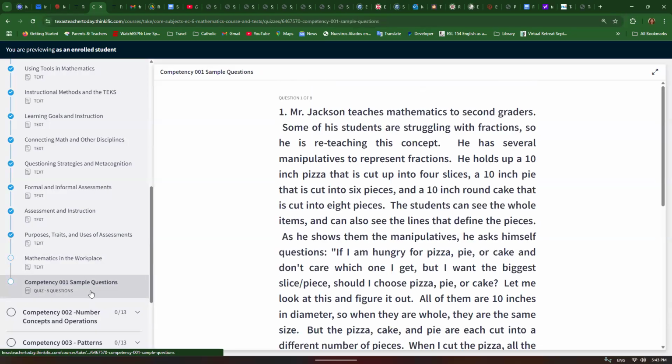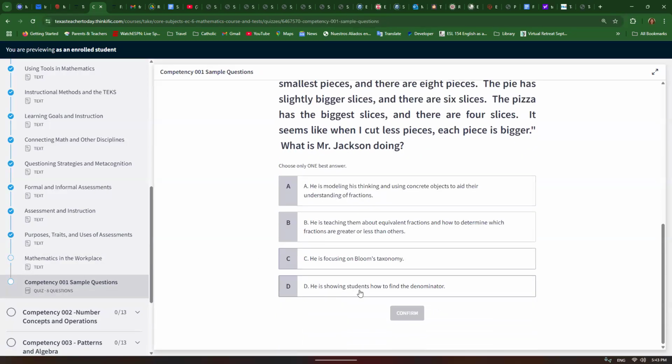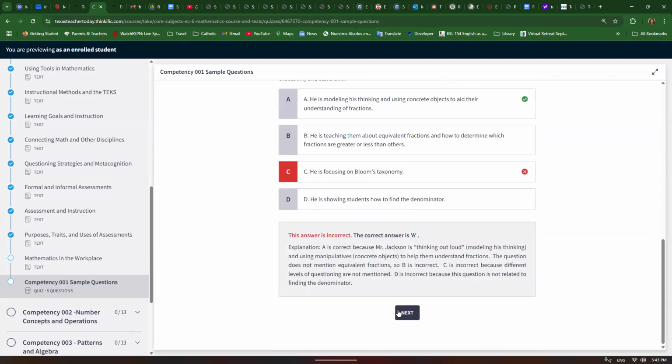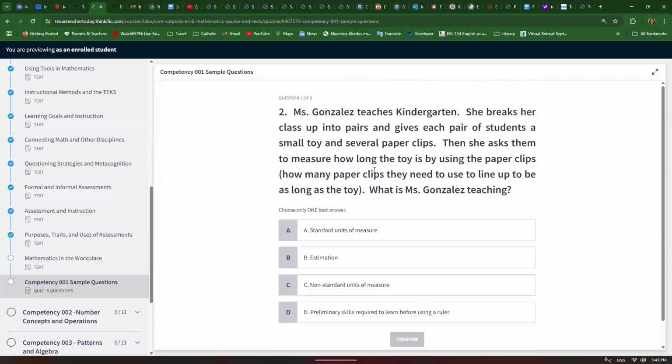So let's look at some sample questions. I'm going to skip that one because I don't think you can see that one. All right. And then if you want to put your answer in the chat box.